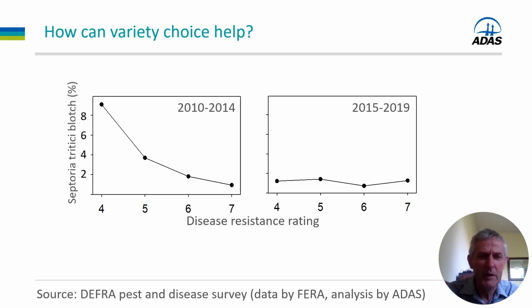And what we can see is that in those high disease seasons, growing varieties with moderate or low resistance ratings around 4 or 5 was actually quite risky, and even with fungicide treatment the level of disease was still quite substantial, whereas in the lower disease seasons such as 2015 to 2019 we could obtain really quite effective disease control even with relatively poor variety host resistance.